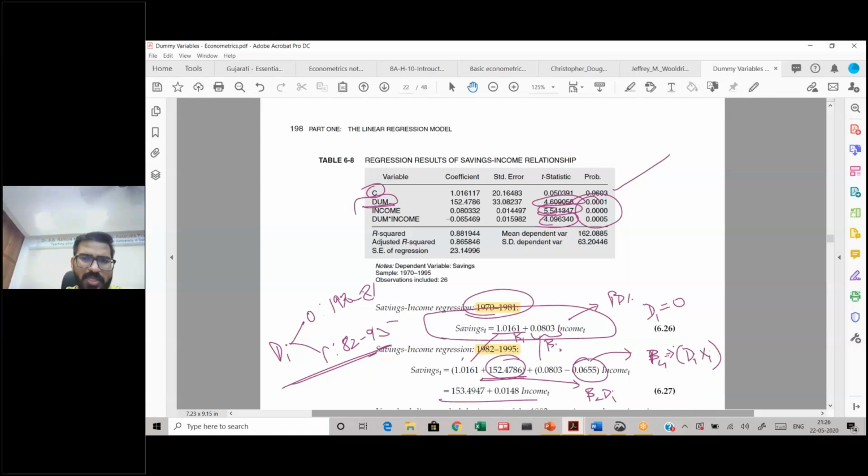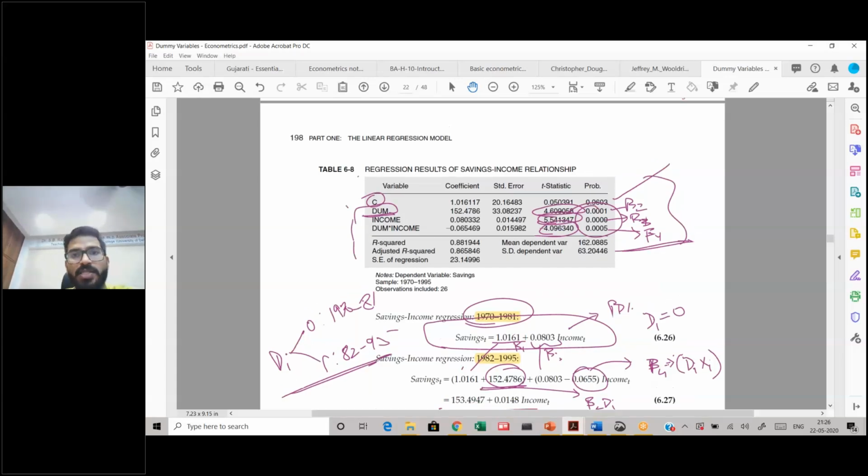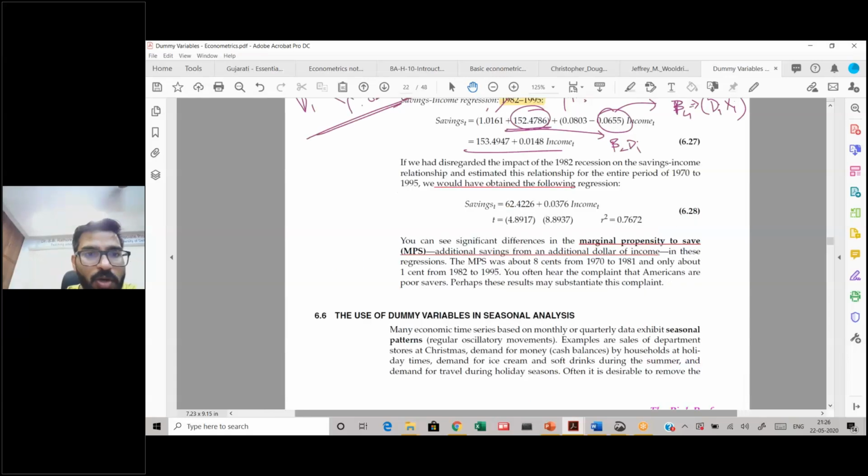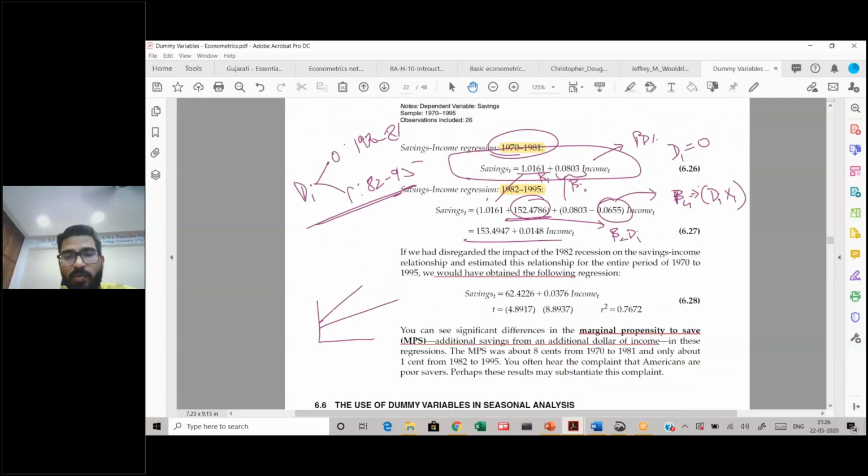So all beta 2, beta 3, beta 4 are going to be significant, which essentially means that these two regressions are separate regression equations, of the order of something like this, two different saving equations.